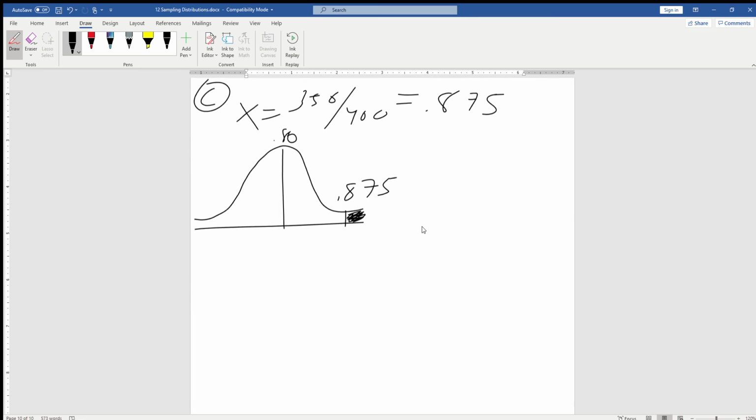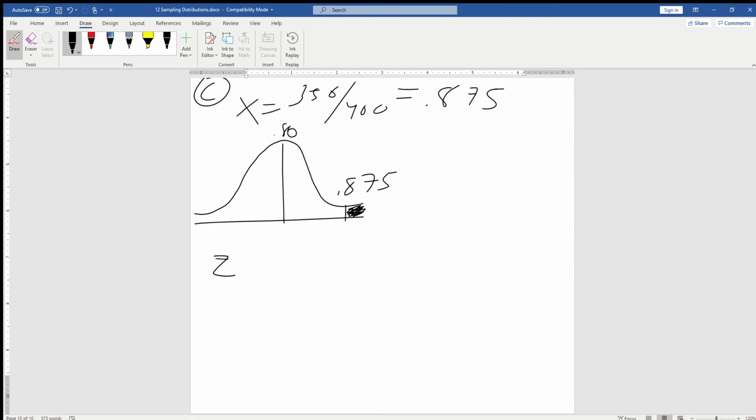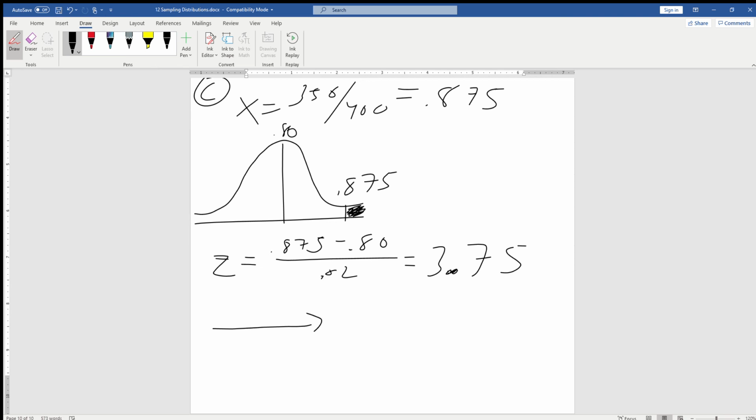We're going to find our z-score. Z is going to be 0.875 minus 0.80, divided by 0.02. I wound up with 3.75. We're going to convert that using our z-table. It's going to be a pretty big one. It should be 0.9999, but I'll just verify by looking at it in the z-table.